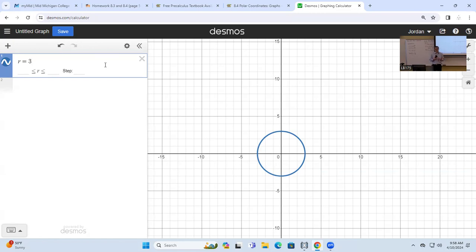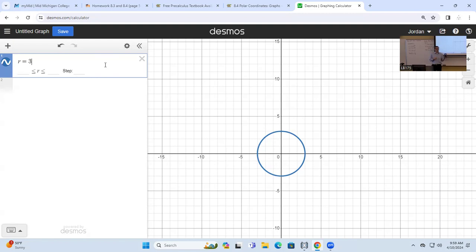If you type r equals 3 and you're using the standard zoom, it might look like an ellipse because it's stretched. Your calculator stretches out the x-axis more than it does the y-axis in standard mode.